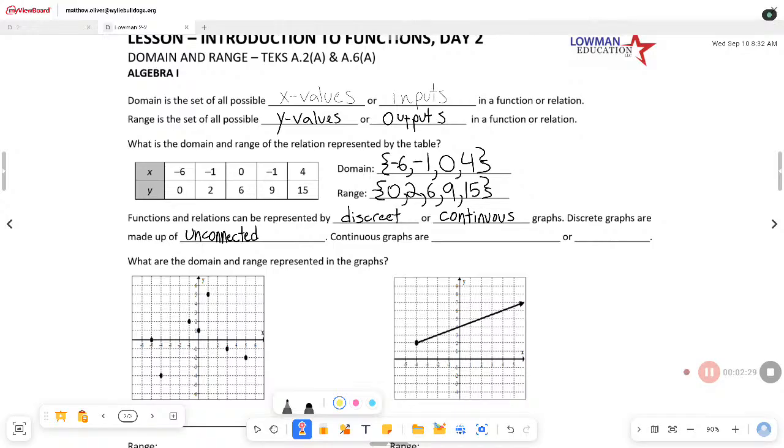So discrete is going to be unconnected points, which would be like this right there. Continuous graphs are lines or curves. So right there. So we have a definite difference between the two.